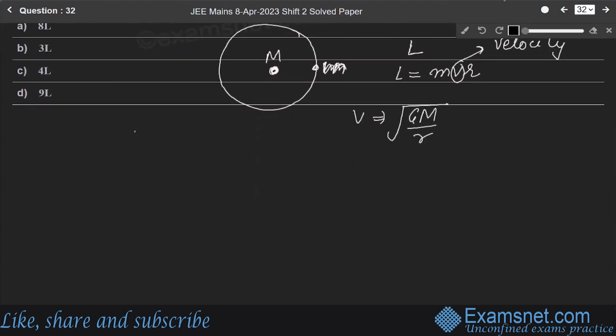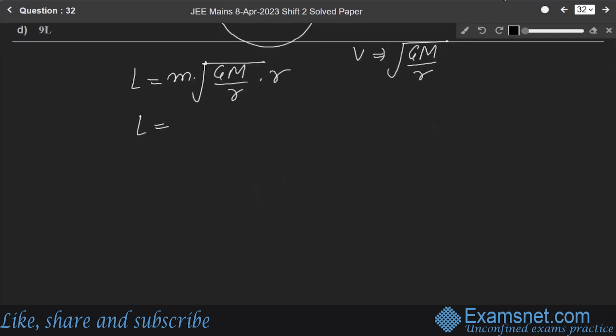So this angular momentum L will become m into under root of GM over r into r. So L will be equal to m under root of GM into r. So here we can say that L is directly proportional to under root of r.